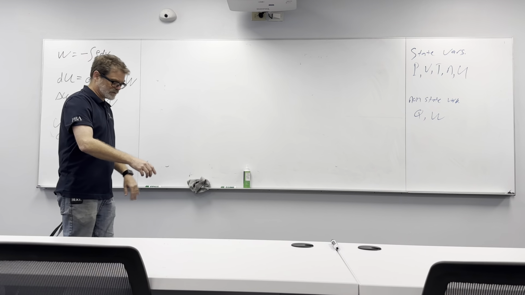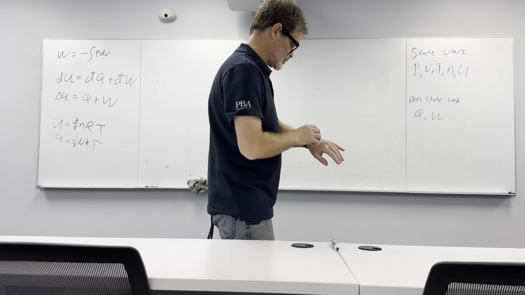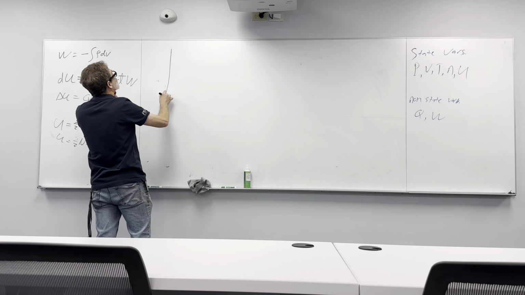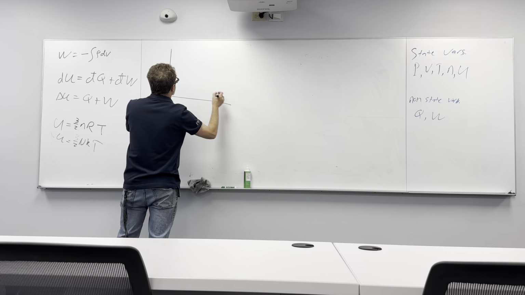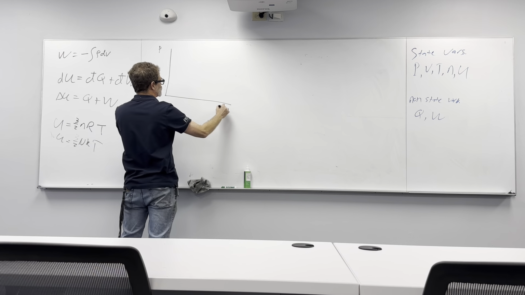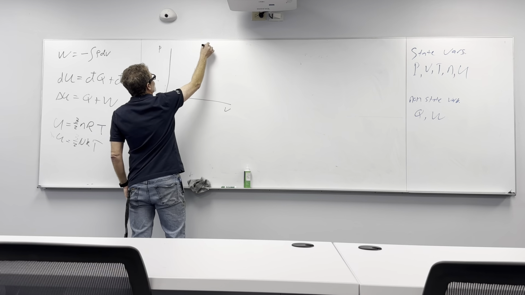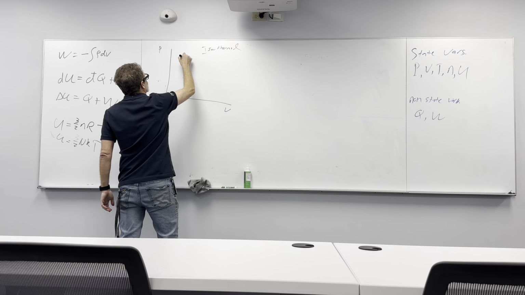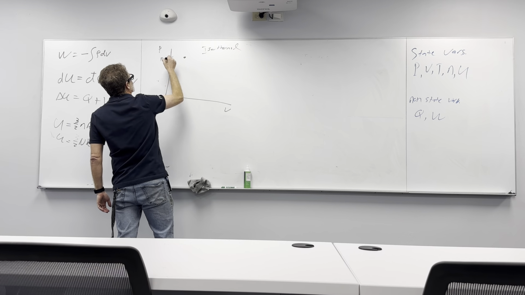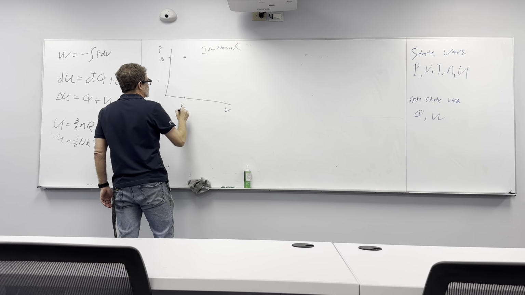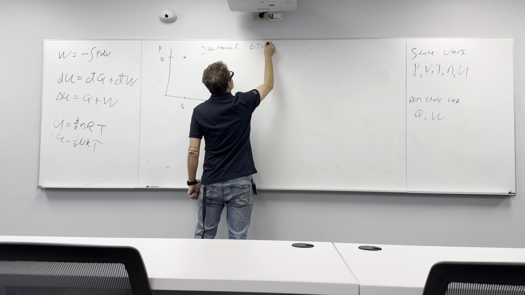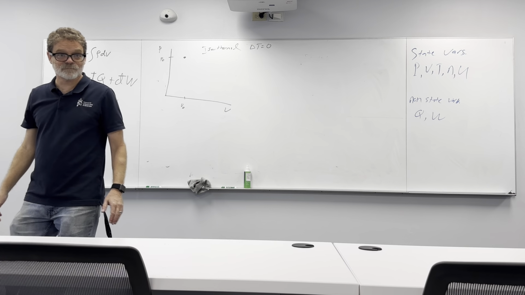Where's my black marker? Here it is. We'll start here at P naught, V naught. Okay, isothermal, that means what? Delta T is 0, correct?